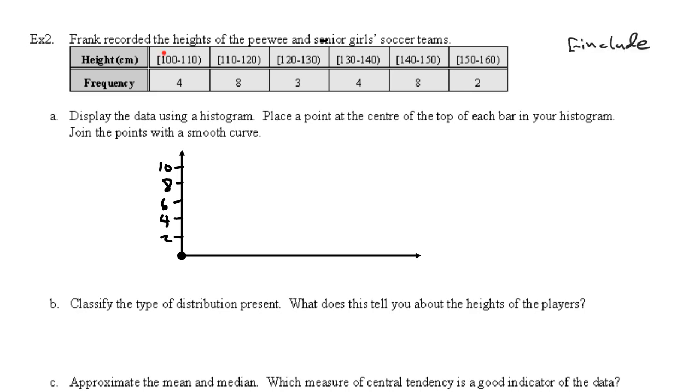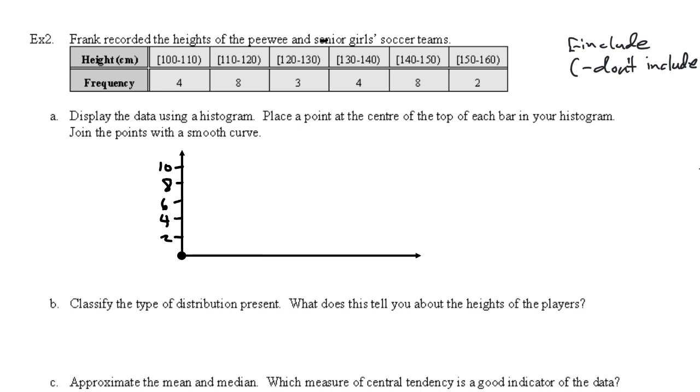So if I had a square bracket before the 100, it means include the lower 100, but the round bracket says don't include that number. So if I'm looking at this category here for height, it says start at 100, but go all the way up to, but not including 110. So I might have 109.5, and that stays in that side of my number. But if I start with 110, that is the new category.